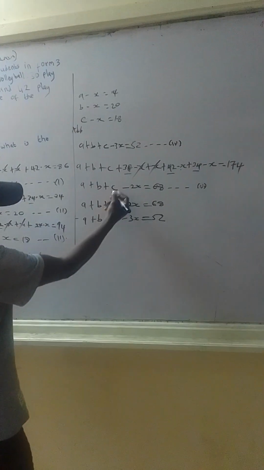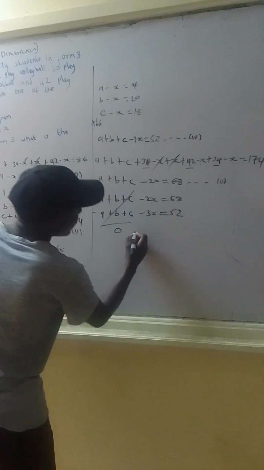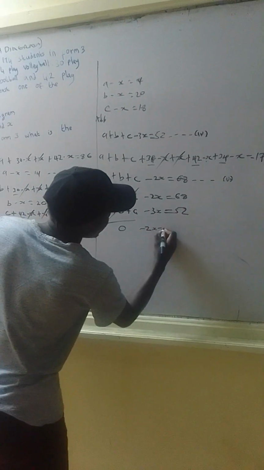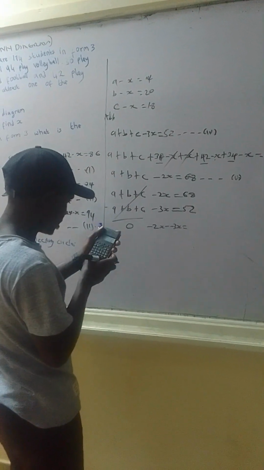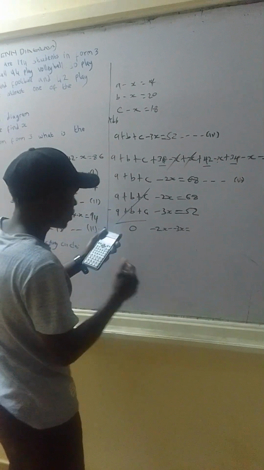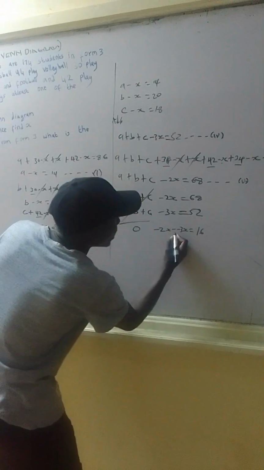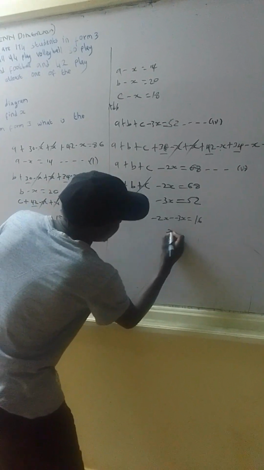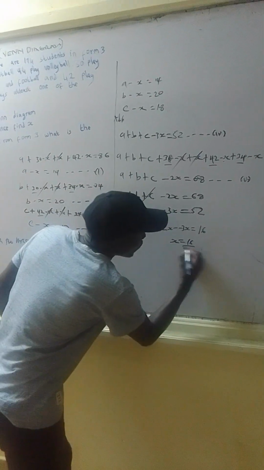So if I subtract this one, it will be 0. Then minus 2x minus 3x is equal to 68 minus 52, and the answer is 16. So minus 2x minus 3x, it is x. X is equal to 16. I have obtained the value of x.